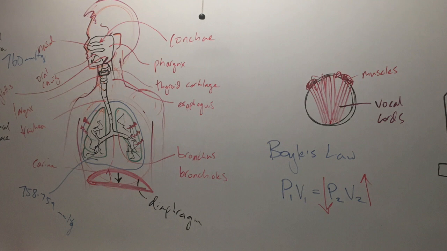Okay. Nasal cavity, oral cavity, and then the pharynx. The region of the pharynx right behind the nose or the nasal cavity is called the nasopharynx. The region of the pharynx right behind the oral cavity is the oropharynx. And we've got one more part of the pharynx. I'll tell you what its name is here in a second.